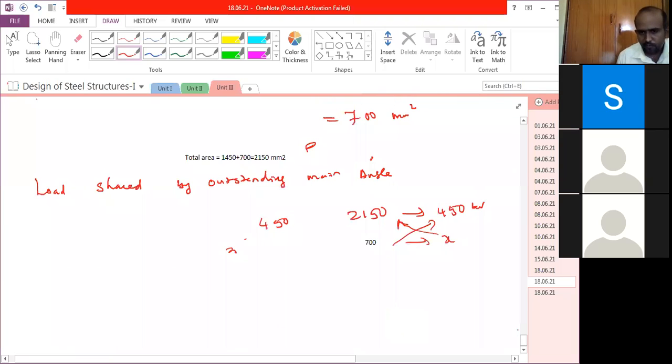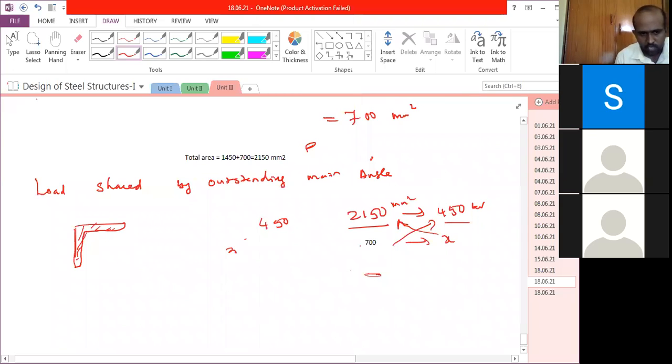By the proportionate calculation, area proportionate, we are using this method only. The total load shared by the angle is 450 kilonewton for the total area of 2150 mm square.